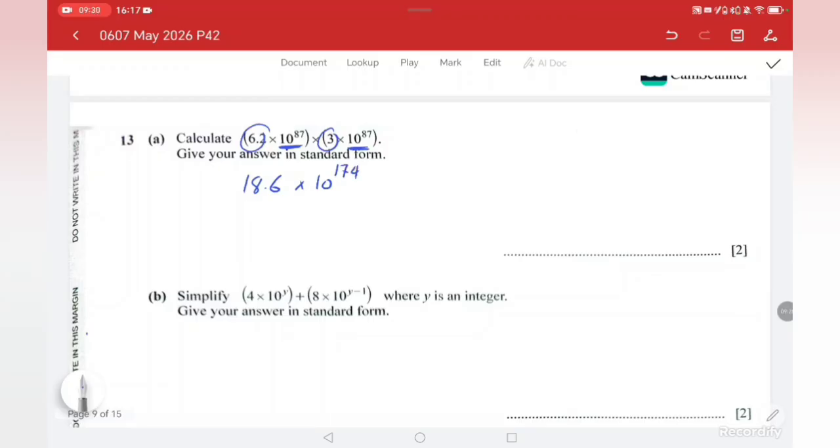Now if you leave it this way, you will lose 1 point because this is not standard form, not scientific notation. In this case, we have to divide by 10, and since you divide by 10, you have to multiply by 10 as well. So this will now be 1.86 times 10 to the power of, you add, 175. So this is the answer of this question. Okay. Next one.